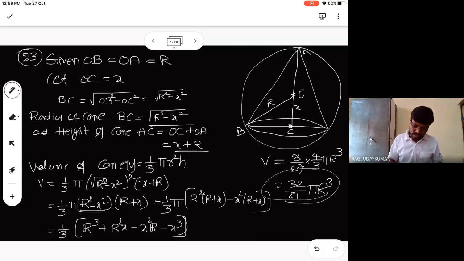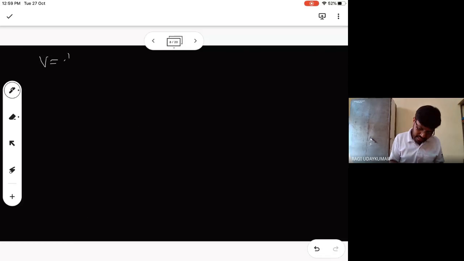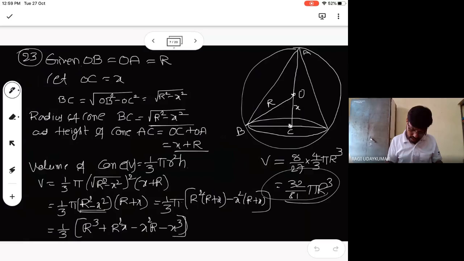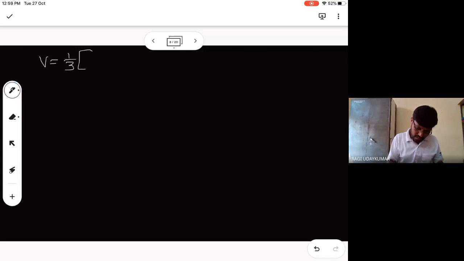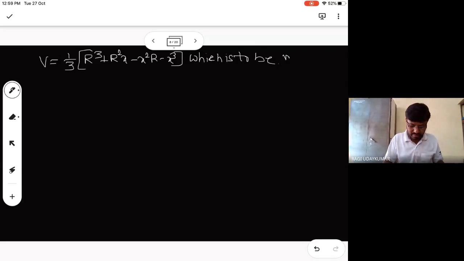So next what you have to do? This I am writing on the next page. Value V is equal to 1 by 3 of R cube plus R square X minus X square R minus X cube, which is to be made maximum. Maximize this.